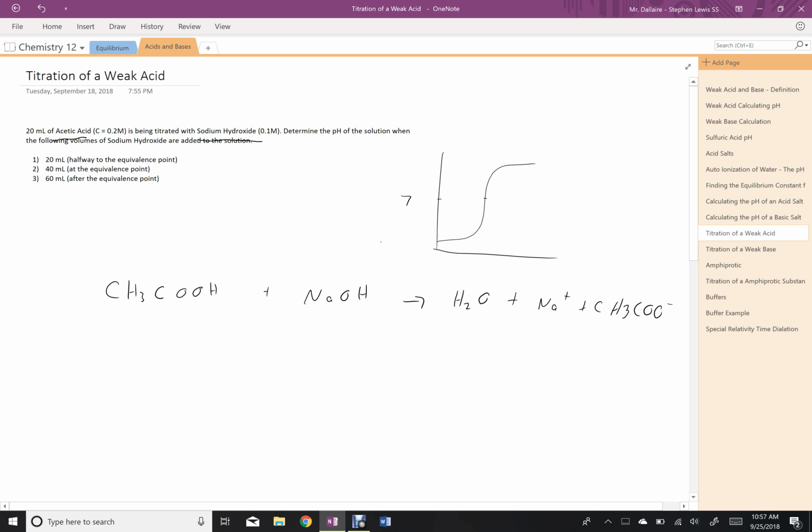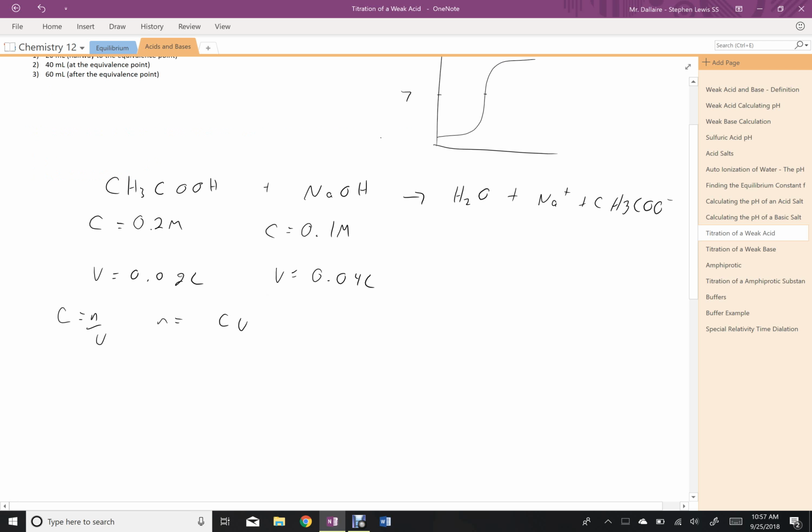So, here I have 0.2 molar of this, and my volume will be 0.02 liters, converting 20 milliliters into liters. Here I have 0.1 molar concentration, and to get to the equivalence point, since my concentration is half as much, I need twice the volume at 0.04 liters. C equals n over V, so n equals CV.